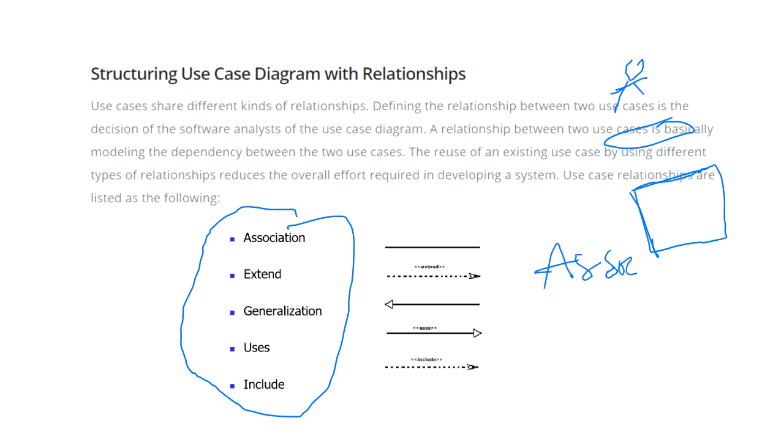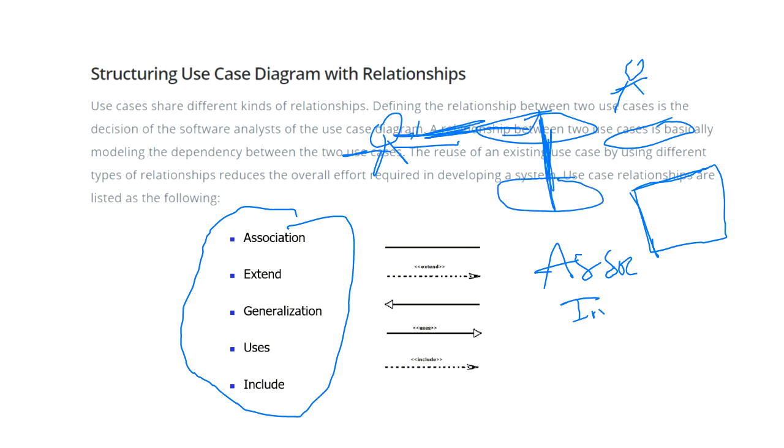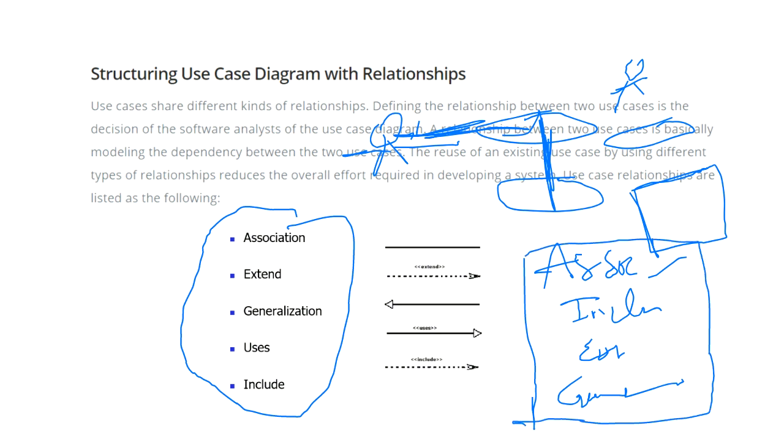Second is the include relationship. Relationship means how this actor is interacting with this use case, or how two use cases are interacting with each other. This is what is meant by a relationship. So there is the association relationship, the include relationship, the extend relationship, and the generalization relationship. These four are the relationships that we will study in use case diagrams.